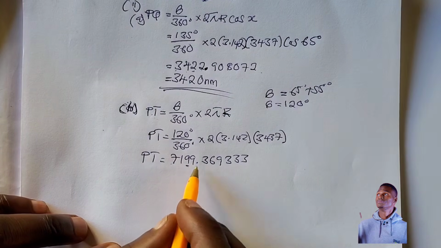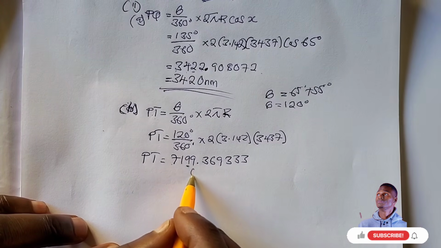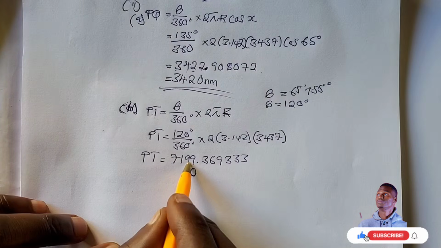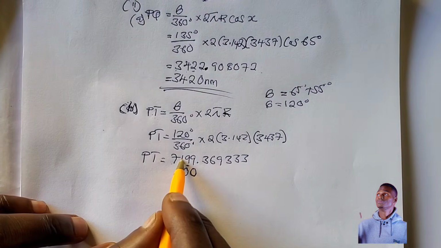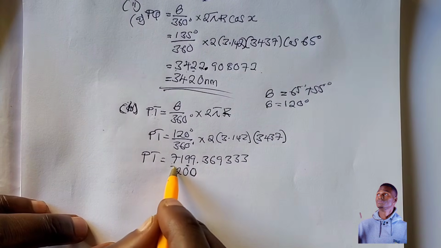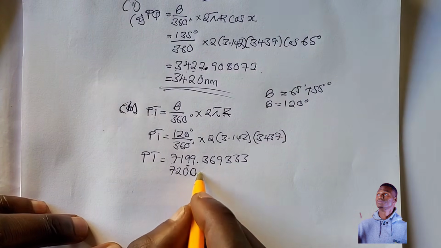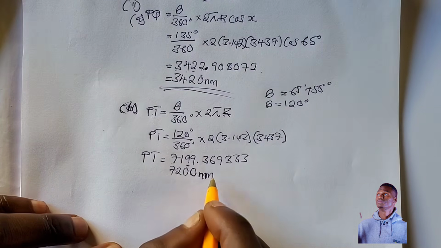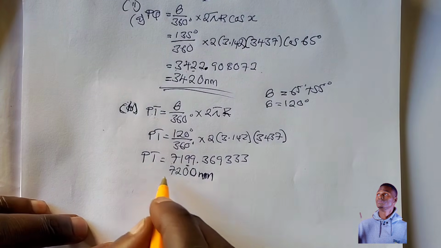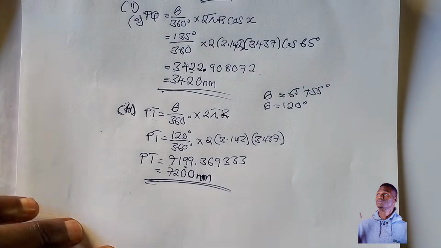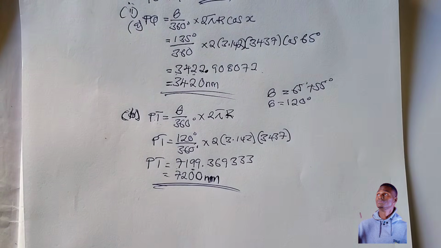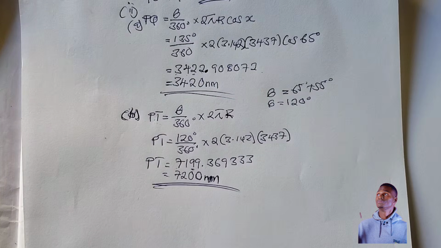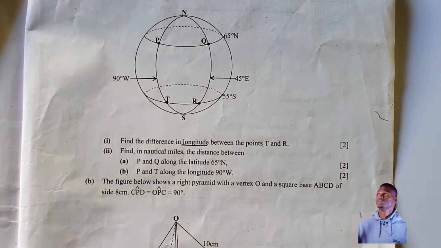The first 9 becomes 0, since 9 plus 1 is 10, so 0 and carry 1. Then you add that 1 to this one, and it becomes 2. So it becomes 7200 nautical miles, and this is the answer. That's it for this question, and it's 6 marks.